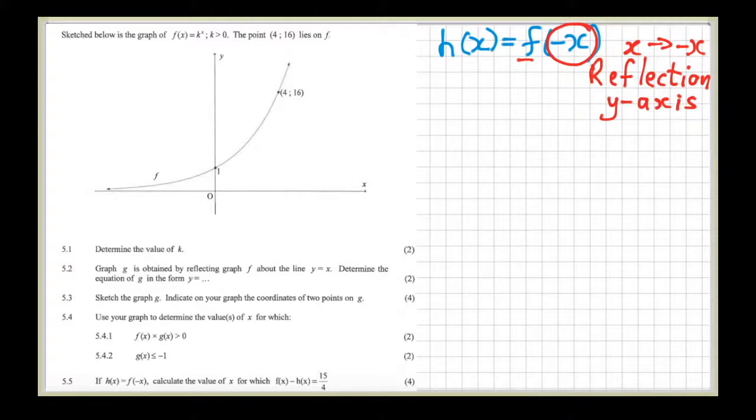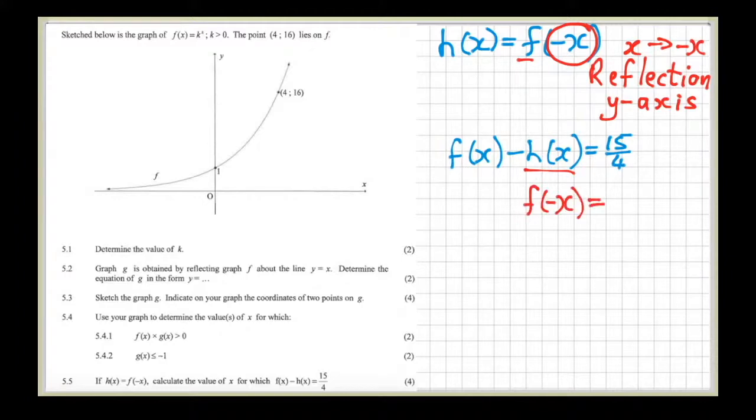So what I'm going to do is I'm going to just run into question 5.5 head first and let's see where we go. So in other words, they're asking me f of x minus h of x is equal to 15/4. Now let's quickly think. H of x is actually f of negative x.